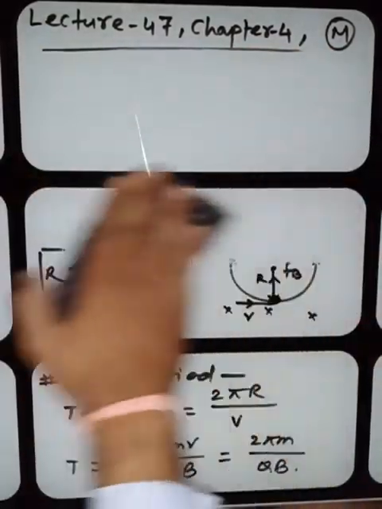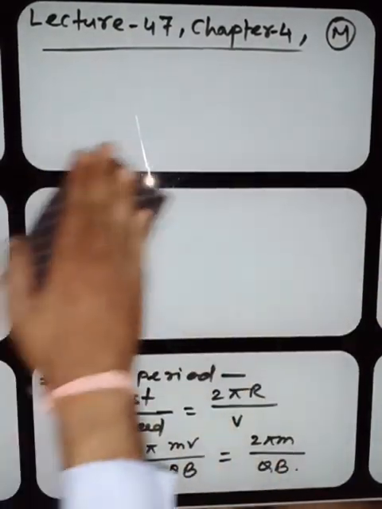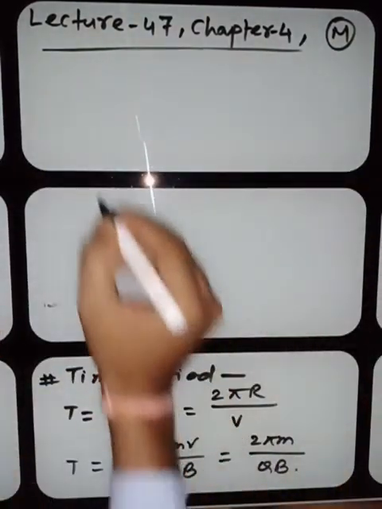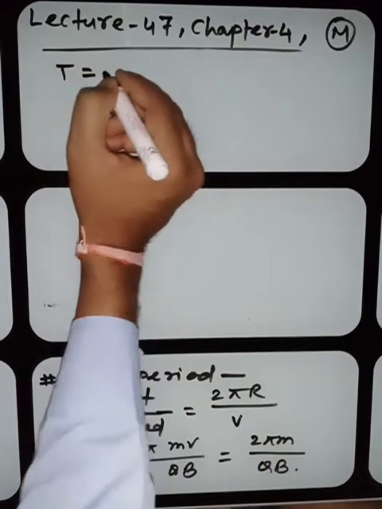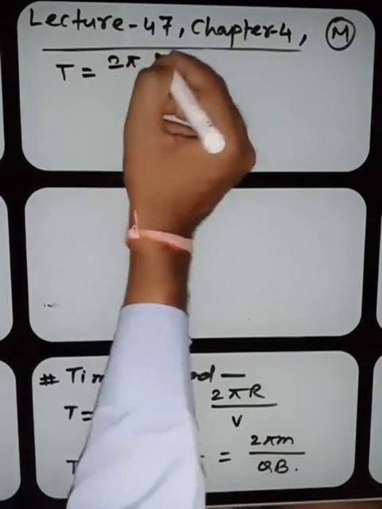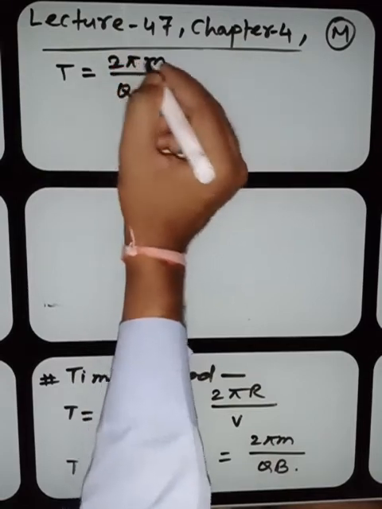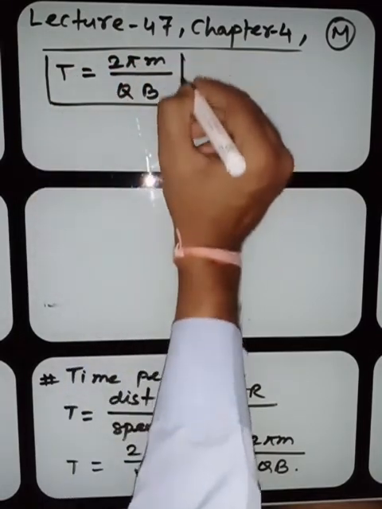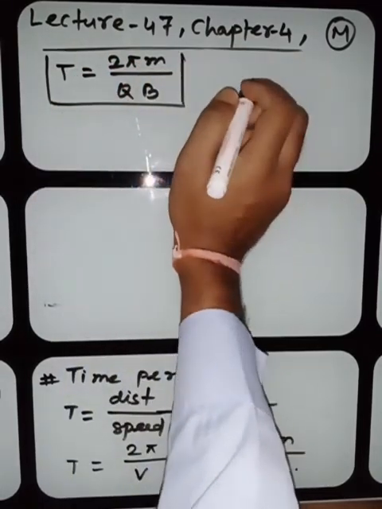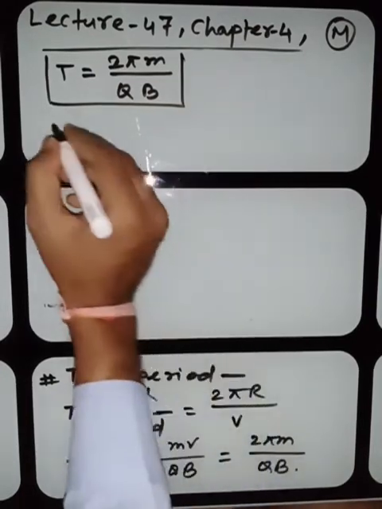Now you can find the frequency also. Note down the time period, 2 pi m by qB. This is very important. It is the time period of a circulating charged particle projected inside a magnetic field.